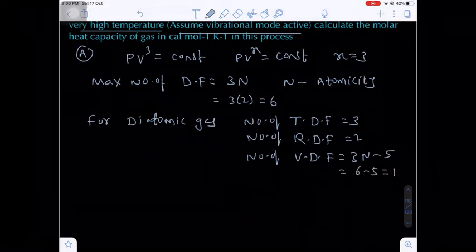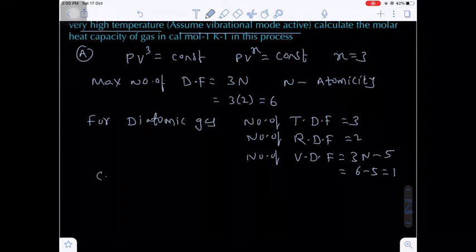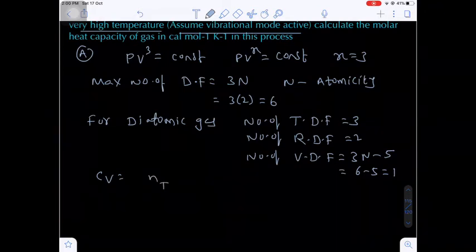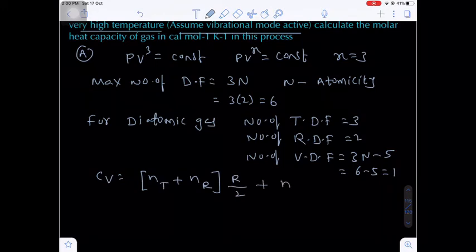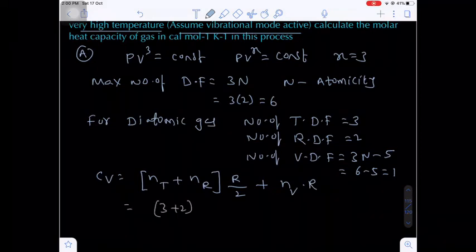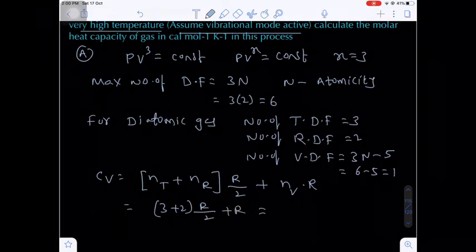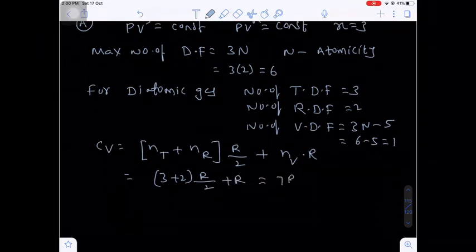So what will be the molar heat capacity at constant volume? CV will be equal to the number of translational plus rotational degrees of freedom multiplied by R by 2, plus the number of vibrational degrees of freedom multiplied by R. So here (3 plus 2) into R by 2 plus R. 5R by 2 plus R will be equal to 7R by 2.